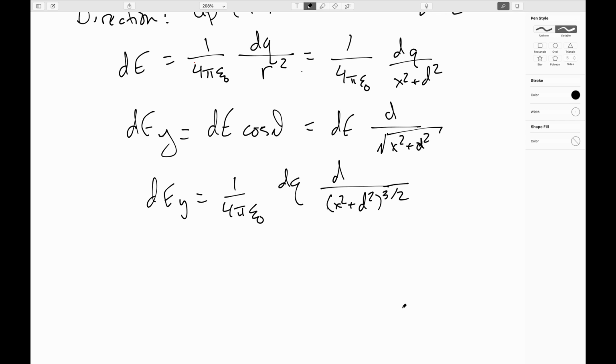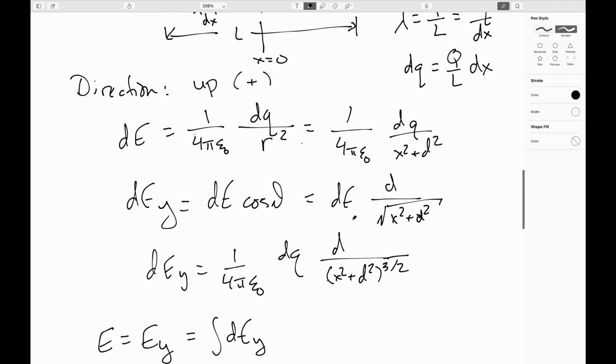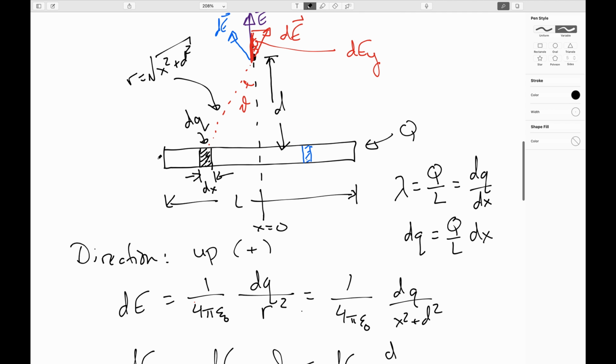So now to get my electric field, since I know that the electric field points entirely in the y direction, all I need to do is integrate my dEy. So here, I need to integrate over x.